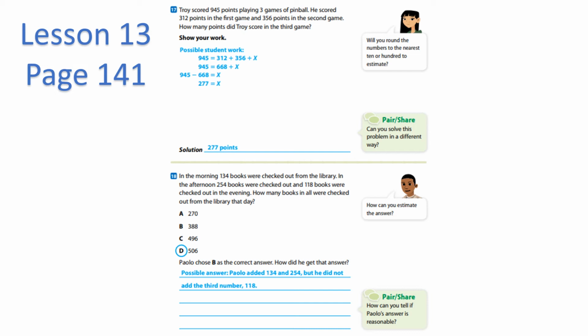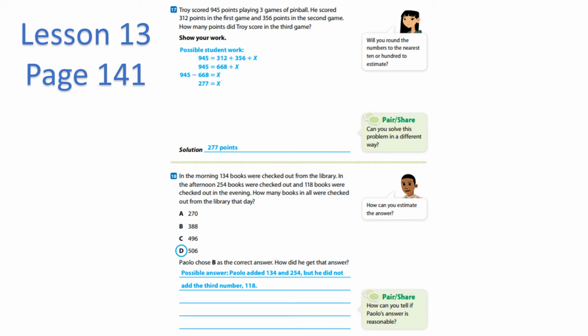Now we will take the total points of 945 and subtract 668. And then we will get a difference of 277. 945 minus 668 will equal X, our unknown.